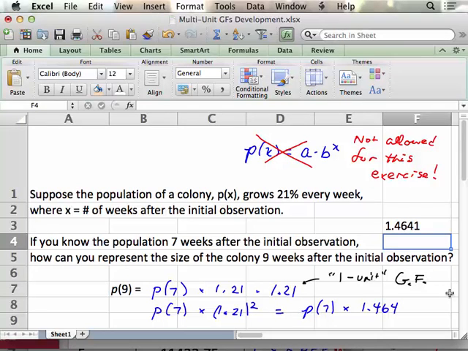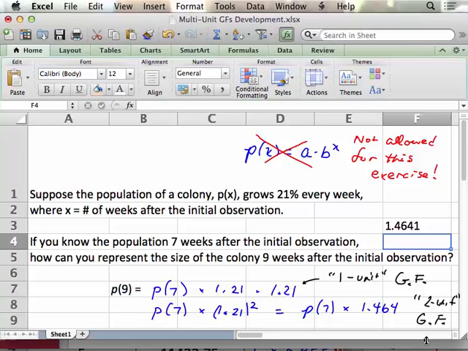Before we just called that the growth factor. It was the multiplier on output to get us the next output. But really, there's more growth factors. This then is the two-unit growth factor.